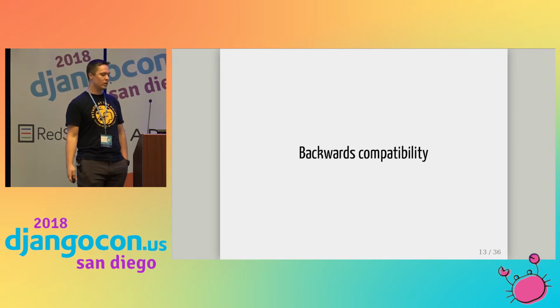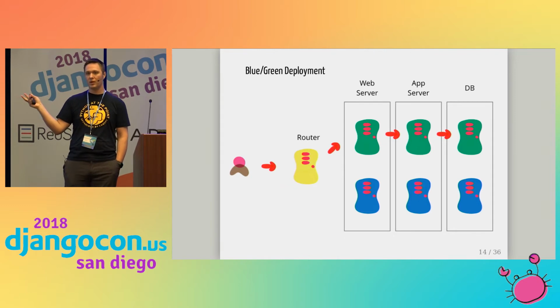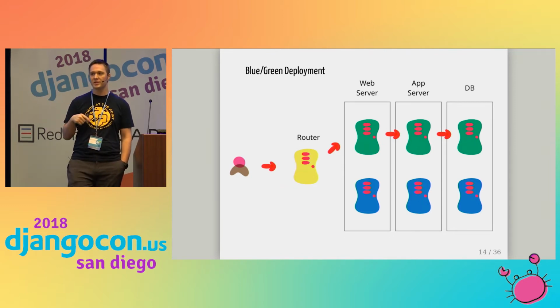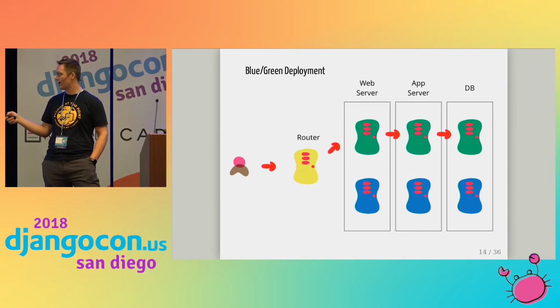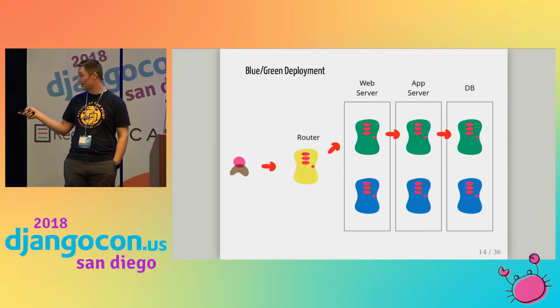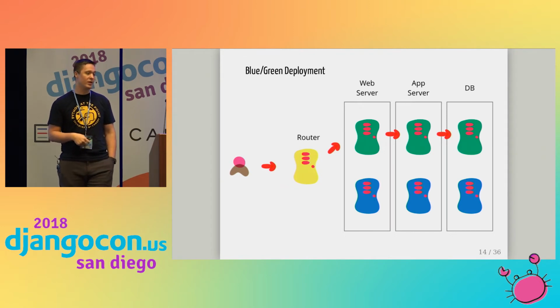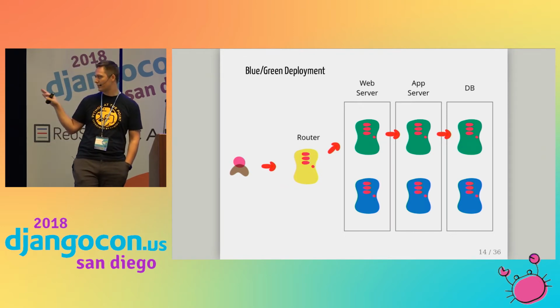I'll give you a couple of examples. In the blue-green deployment, it almost looks like backwards compatibility isn't an issue because your client, the web server, is talking to your app server, which is talking to its database. So if you swap all of them at the same time, there's no backwards compatibility issues. That's the misconception that blue-green tells us.